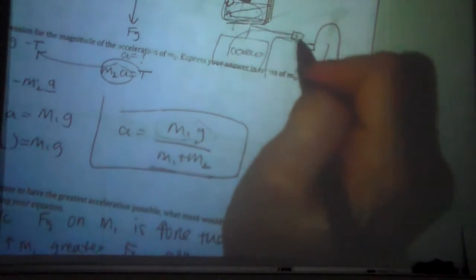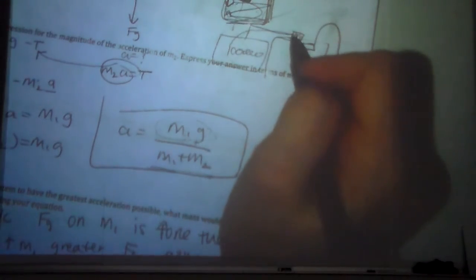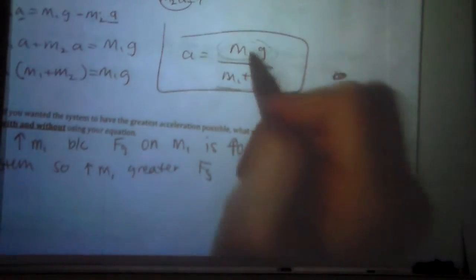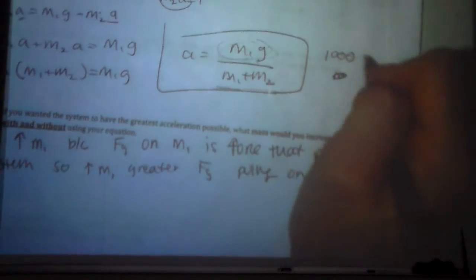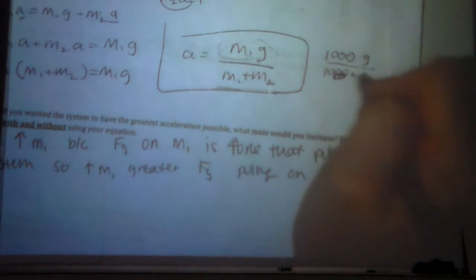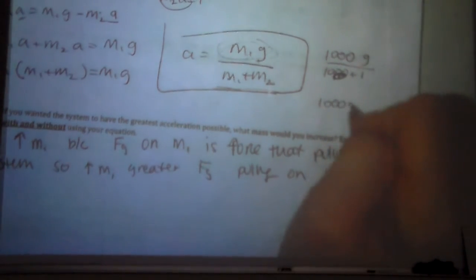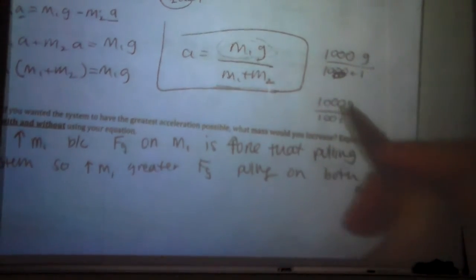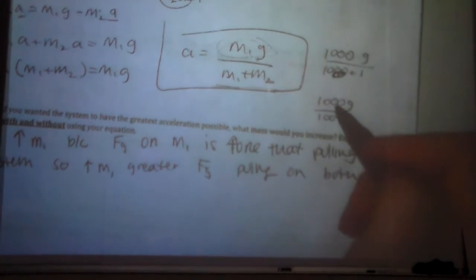So if I just have the tiniest mass that's only providing a tiny resistance, it's really, really close to g, or 10. That's reflected in our equation, because if I had 1,000 g over 1,001, that's just a teeny tiny bit under 1, basically g right here.